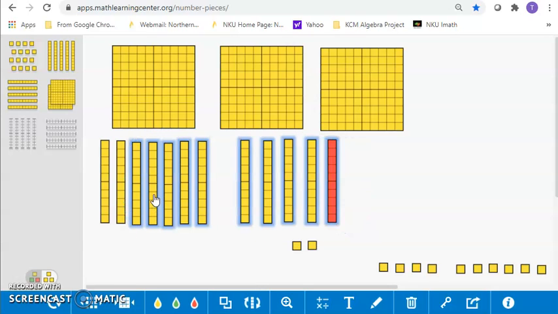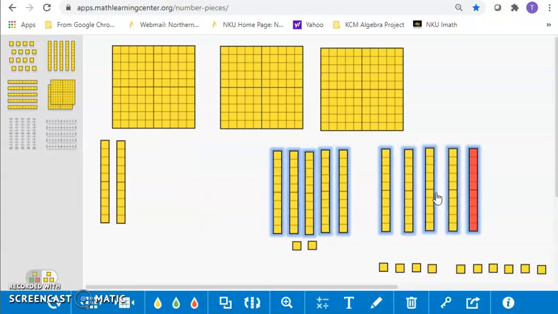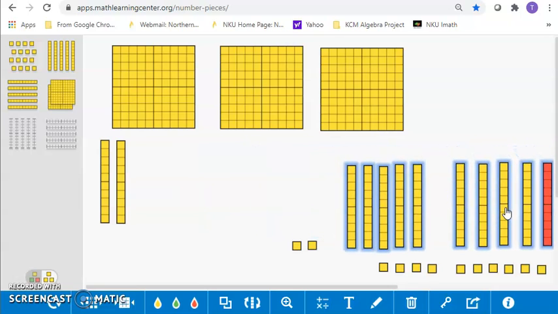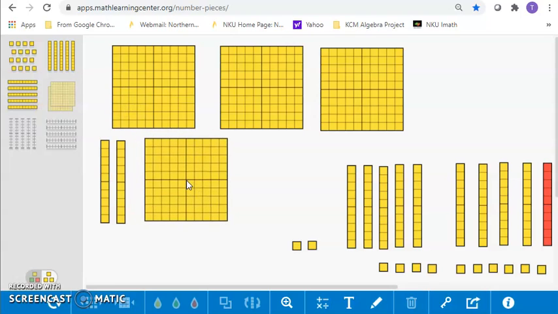Okay? So those are 10 longs. They can be traded for 1 flat. So I'll do the same thing. I'll move those off to the side like that. Remember, they've been traded, and they're traded for 1 flat. So let's grab 1 flat, and that's one we traded, and we'll make that one red.